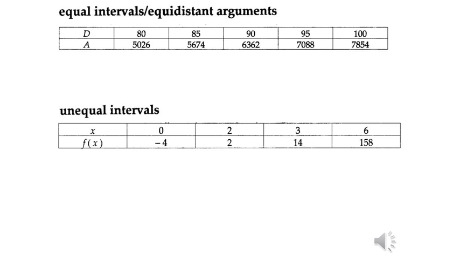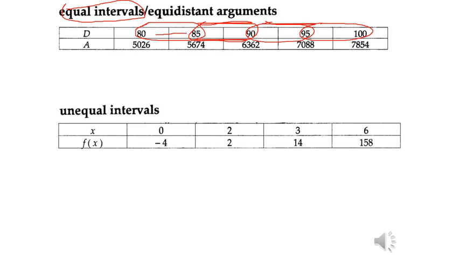We have two types of data. One is with equal intervals. Here, the gap between any two consecutive values of x will be the same. Can you see what the gaps are here? 5. So between any two consecutive numbers, we have the gap as 5.